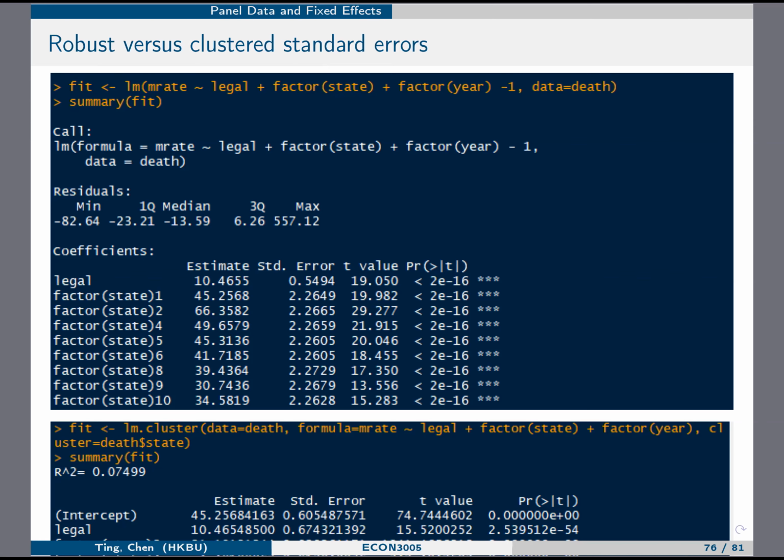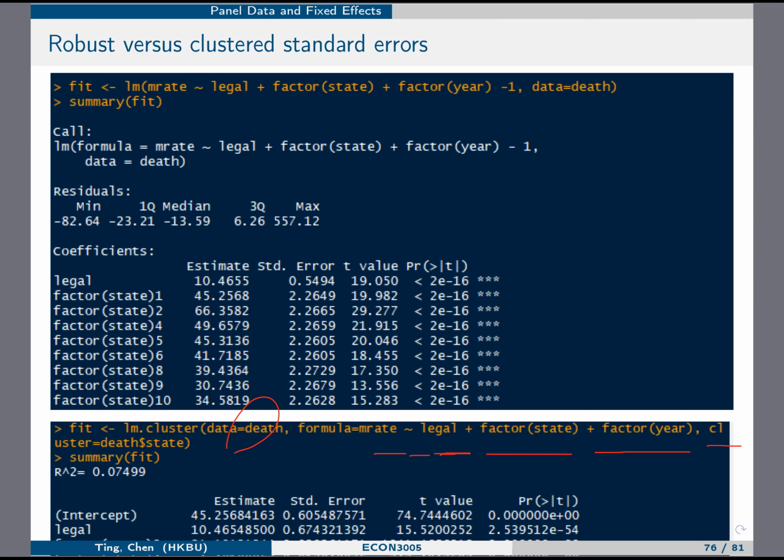So for this function, we tell it our data is this death data, and the formula is as before, death rate regressed on the key regressor, the legal drinking age, and the fixed effect of state and fixed effect of year. And then the third argument, we add the cluster.